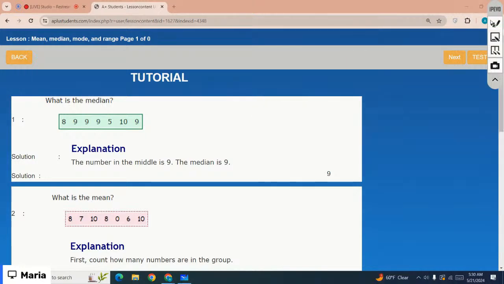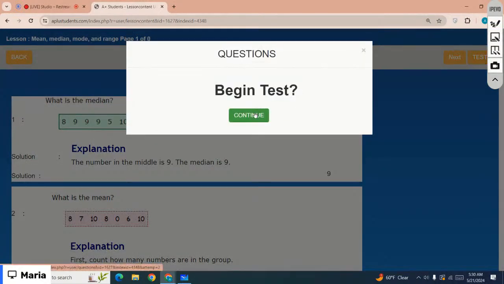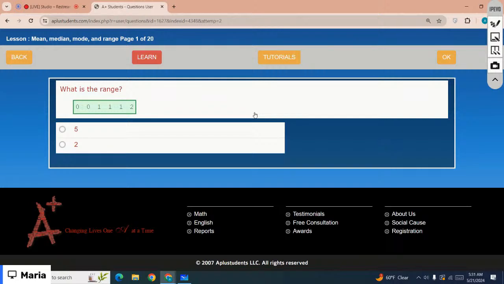Let's just start with the test questions. What is the range?